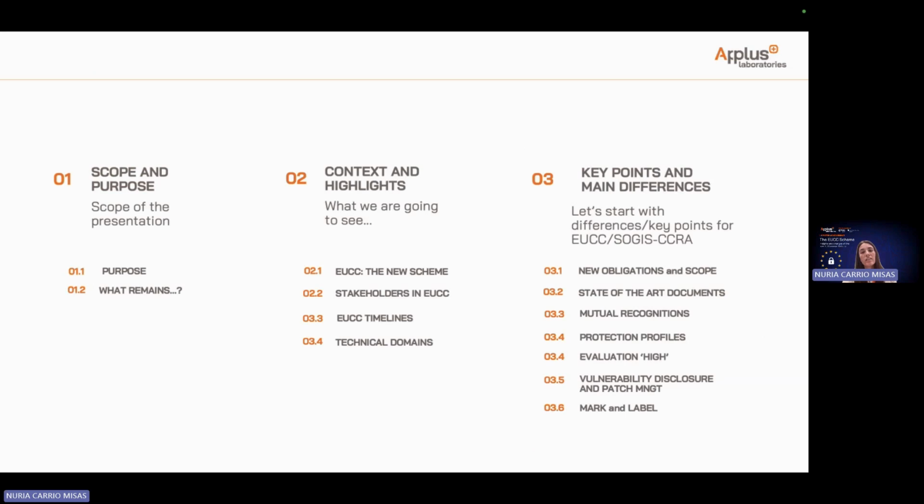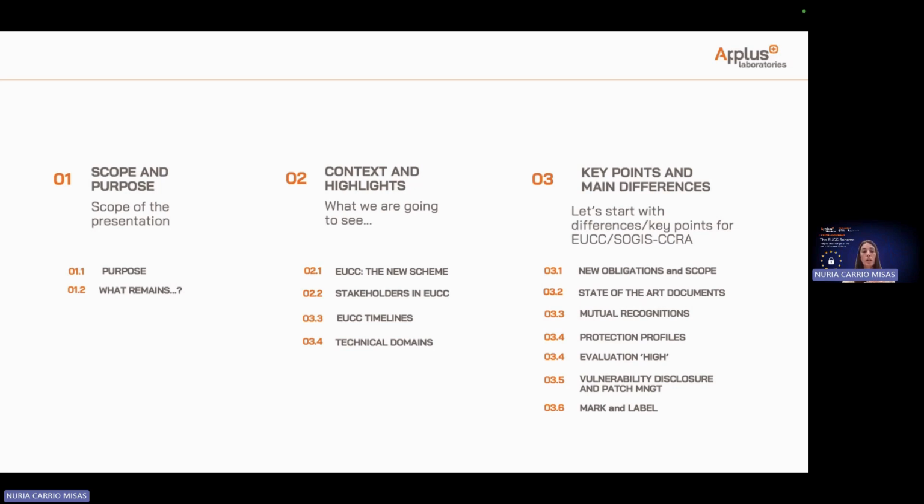So the presentation is basically divided into 3 blocks. The first block, where we already are, will explain the scope of the presentation, and we will talk about what remains the same. Okay, there's a new scheme, but there are still some things that remain. In the second block, we will see the context and highlights.